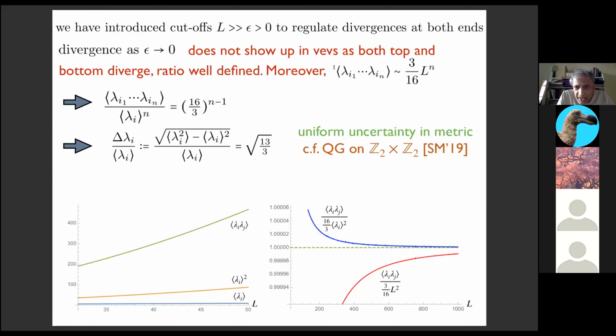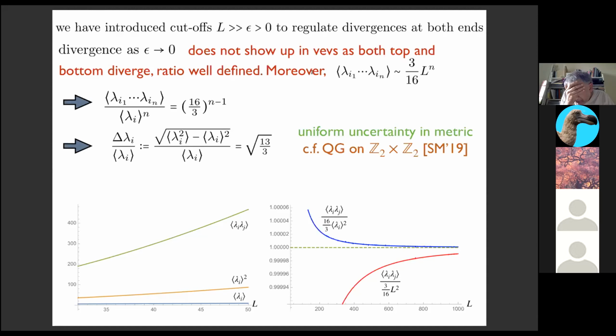So then, for example, this expectation, which is Z with the factors of lambda, divided by Z. In that ratio, the epsilons cancel out. The divergence at epsilon disappears, and we just get something divergent at the top end, at large lambda. And that seems to be quite a general phenomenon.